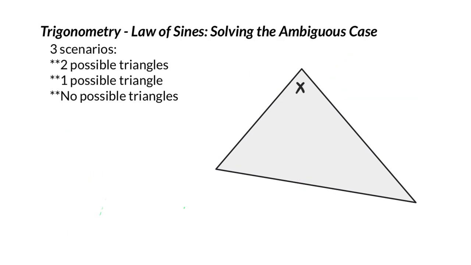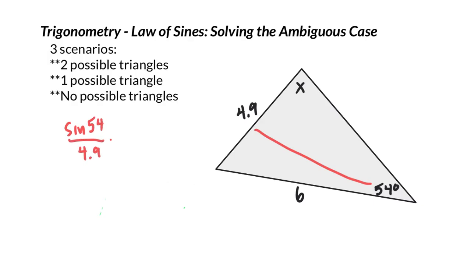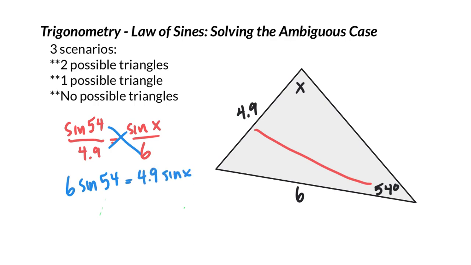All right, let's establish our law of sines relationship. Sine of 54 over 4.9 equals sine of x over 6. Cross multiply. Divide both sides by 4.9.